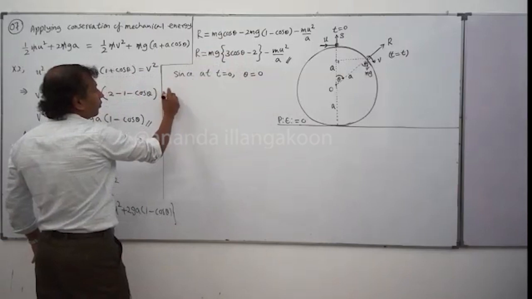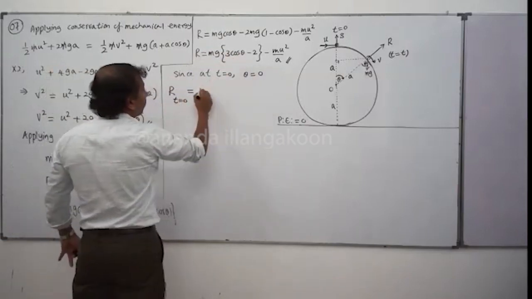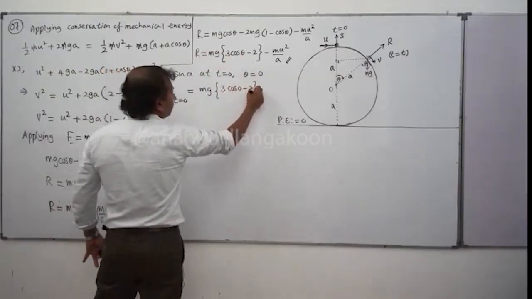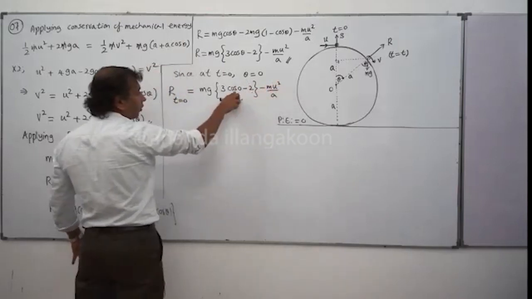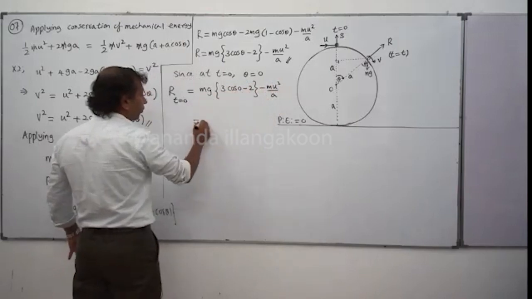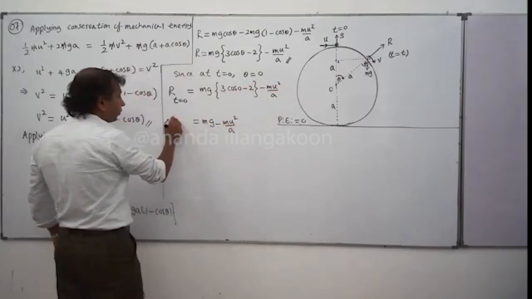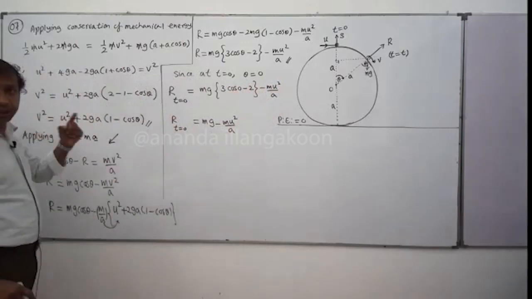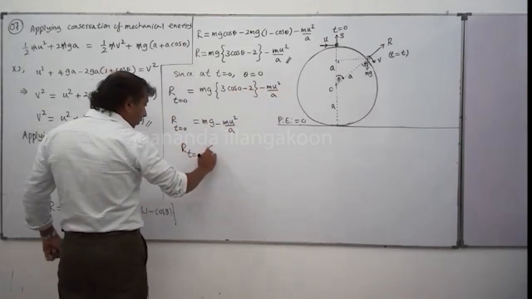R at t equals 0 can be obtained by putting theta 0 here: mg times (3 cos 0 minus 2 minus u squared upon a). Cos 0 is 1, 3 minus 2 is 1, so mg minus mu squared upon a is the reaction at t equals 0. This should be either 0 or negative, so R at t equals 0 is less than or equal to 0.